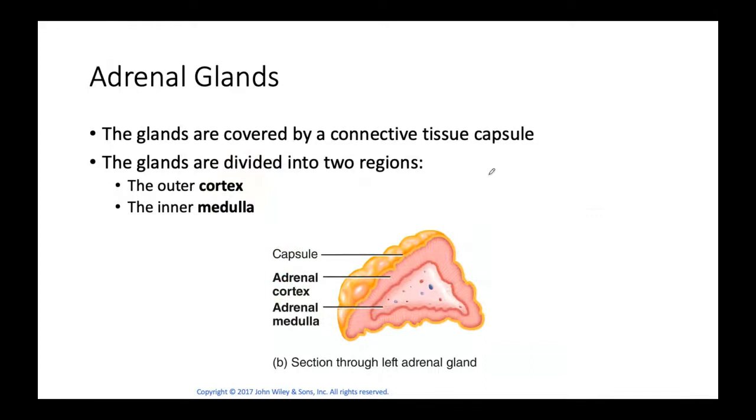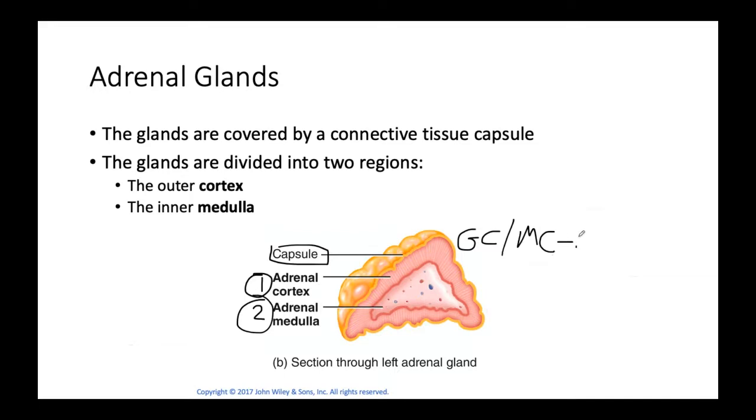When we look at the suprarenal gland, because it's above the kidneys, we can see that we have an outer portion called the capsule. The capsule is superficial to the main part, the outer portion called the adrenal cortex, and then the inner part is the adrenal medulla. And remember, the cortex is going to be pushing out glucocorticoids and mineral corticoids.